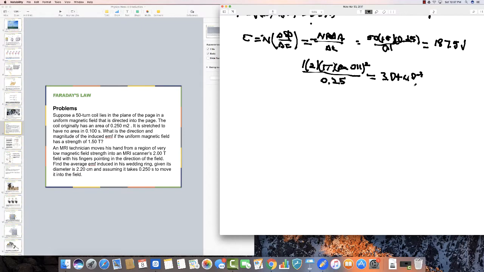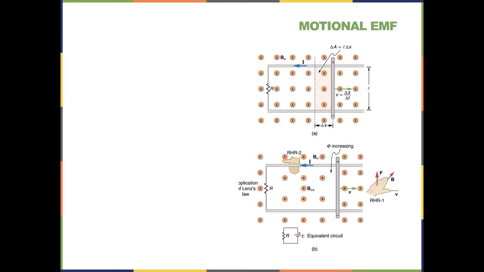Now, the second type of problem that can be encountered is something called motional EMF. Motional EMF occurs when a rod moves on 2 parallel rods and is attached by a connector.